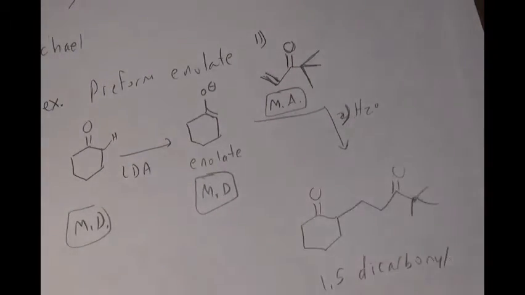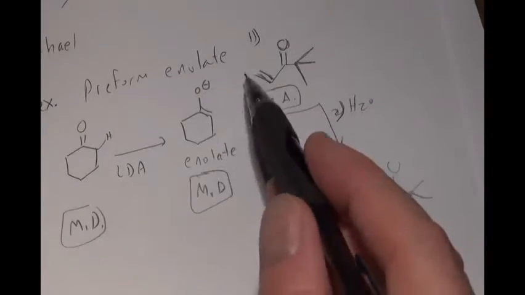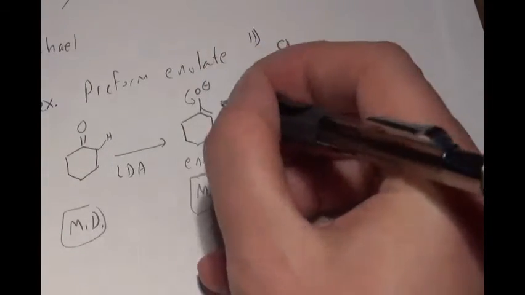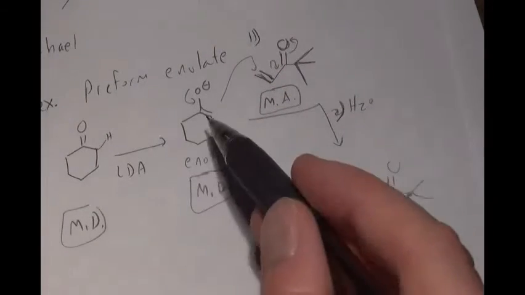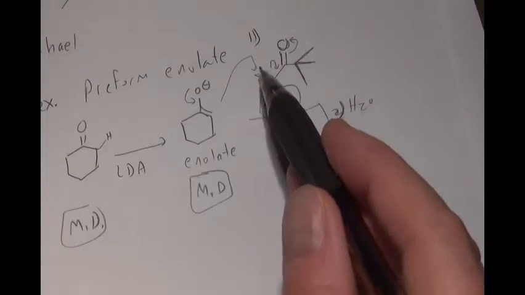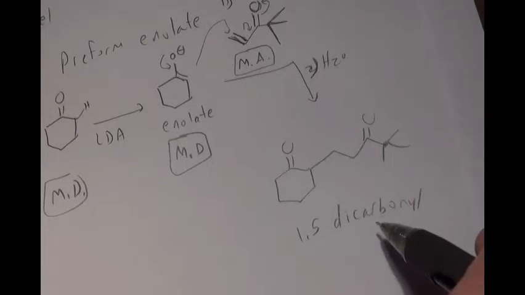You can imagine the mechanism of this. What's the mechanism? The enolate attacks, and that creates a new enolate. One enolate attacks the Michael acceptor, makes a new enolate, and then water destroys the enolate. We get the product. We call it a 1,5-dicarbonyl. Why 1,5?